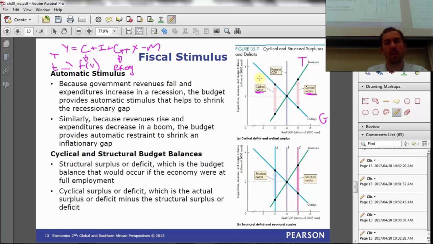Okay? If we were to plot this instead in terms of our usual equation, what we would assume is that government spending, G, was just a horizontal line, right? In other words, independent of real GDP. Are you with me?